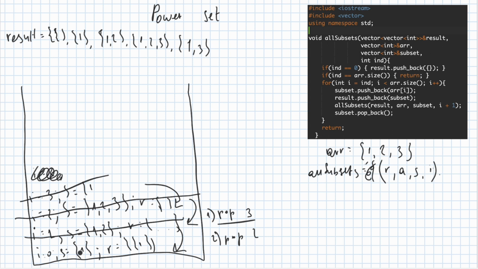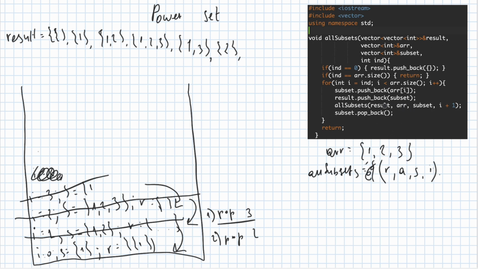Now we pop. This level of recursion is done, so we can come to the part of the code where we pop an element from our subset. So 1 is popped, so subset will be empty, and we continue with the loop. I was 0, and now we increment I by 1. So I will equal 1, and we subset push back array at index 1. Subset was empty since we popped, and we now push array at index 1, which is 2. Then we push subset to our result, so our result will have 2.